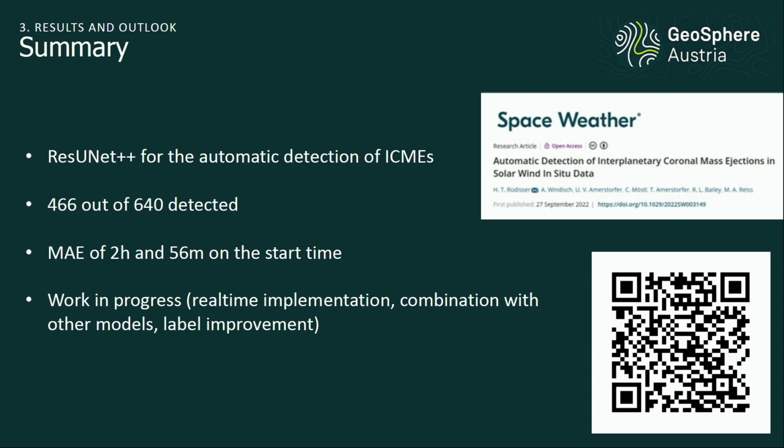So if you're interested in looking at how it performs with other data sets, you might want to check out the paper. We have a mean absolute error of 2 hours and 56 minutes on the start time, which is relevant when we think about real-time implementations.